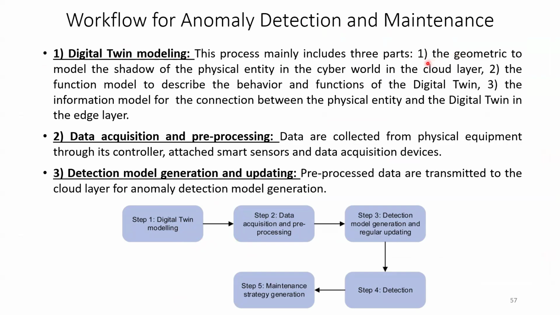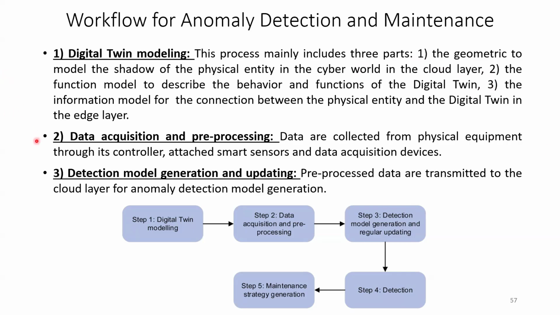The first one is the geometric model, which mirrors the structure of the physical entity within the cyber world, usually a cloud layer. Then we have the second, a functional model, which describes the system's behavior and functional logic. And then we have the information model, which enables the connectivity and interactions between a physical entity and its digital twin in the edge layer.